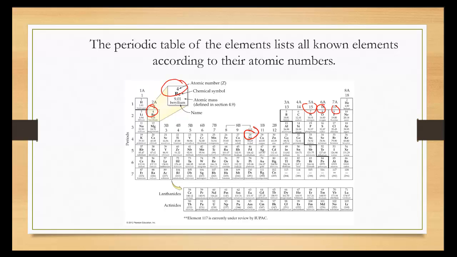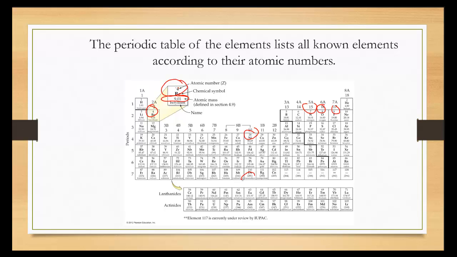There's two numbers on here. There's the atomic mass, which is all the isotopes that are averaged together based on their relative abundance, and the atomic number, which is the number of protons. The atomic number will always be smaller, and it will always be a whole number.